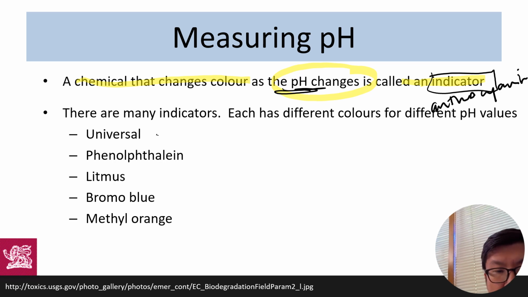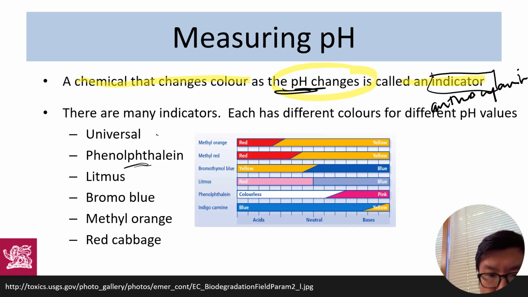Phenolphthalein only has one color change. As you can see here, phenolphthalein remains colorless between pHs 0 to 8, roughly, and will turn pinkish beyond that.